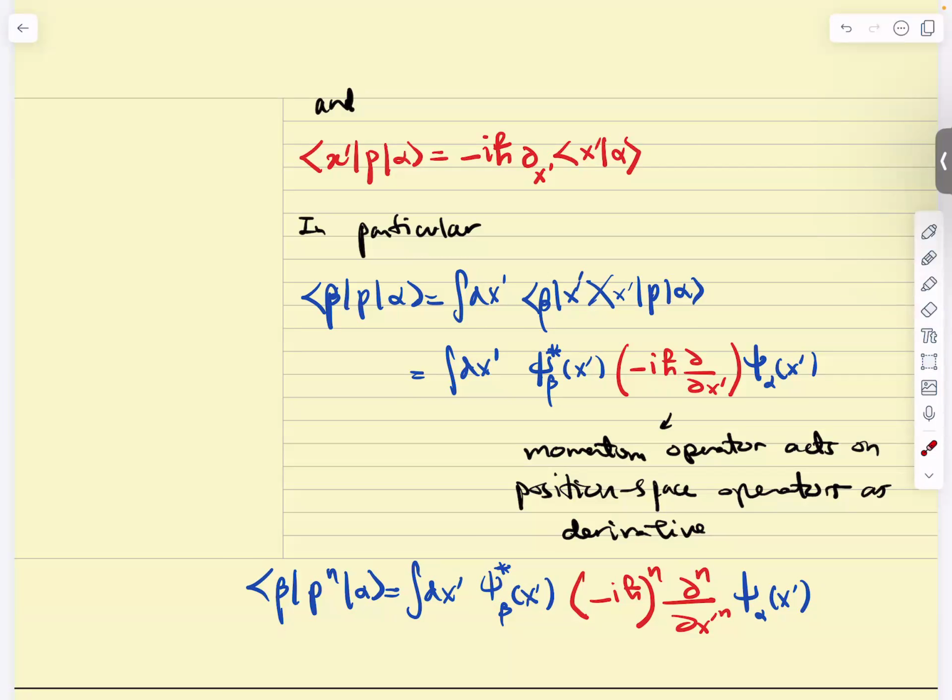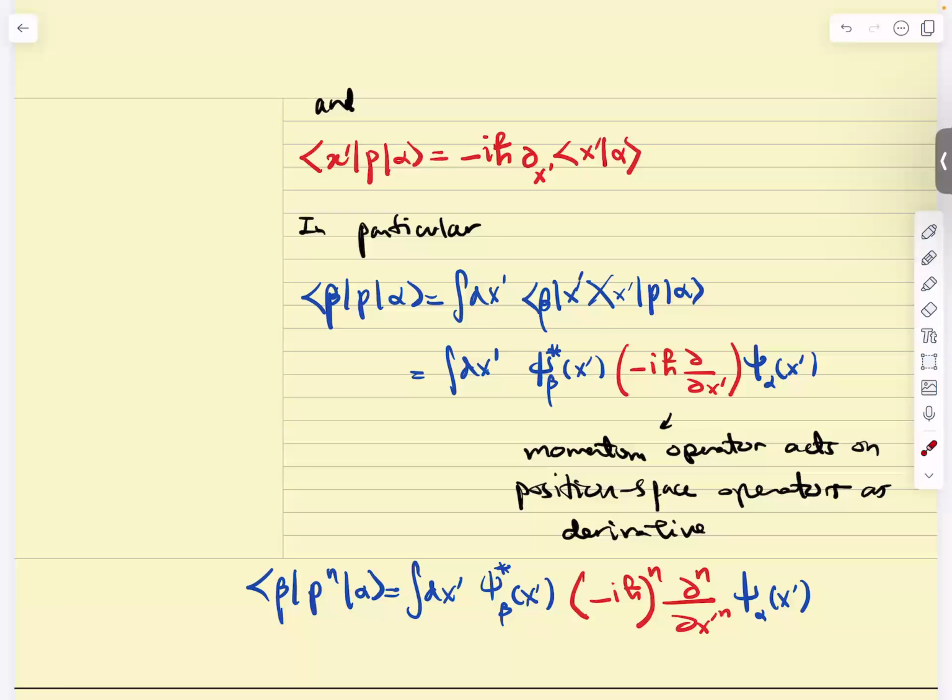So if I put minus i h bar here, I'm going to get minus i h bar. So do you see now that the commutator of X and P is i h bar? Is it clear?